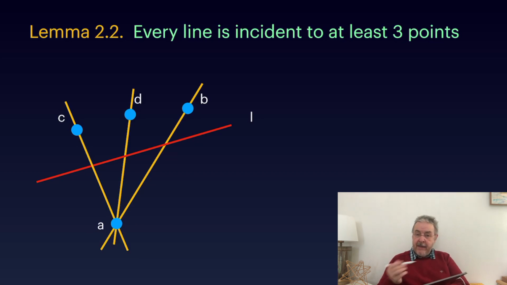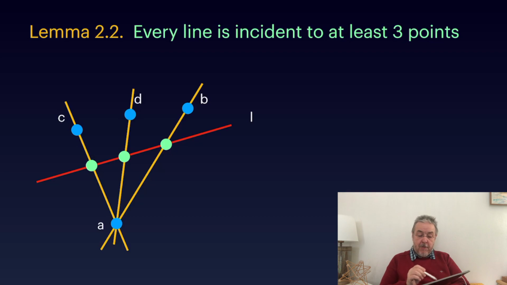So if they are distinct lines, there must be intersections of those lines, and these 3 intersections must be 3 different points, because assume that 2 of them were equal, then we would have such a forbidden situation where we have 2 points and 2 lines coincident to each other. So these 3 points really must be 3 distinct points, and this proves our theorem.